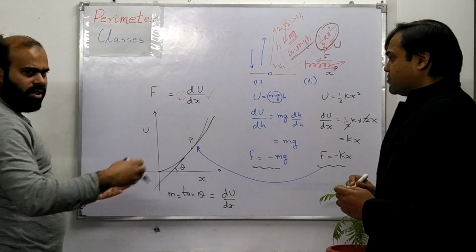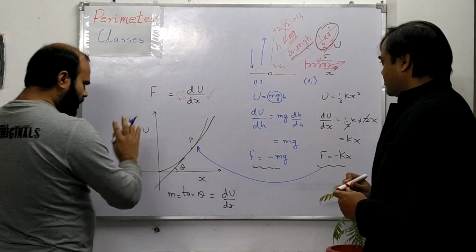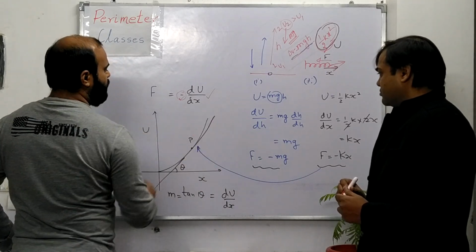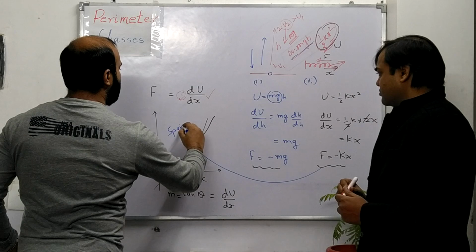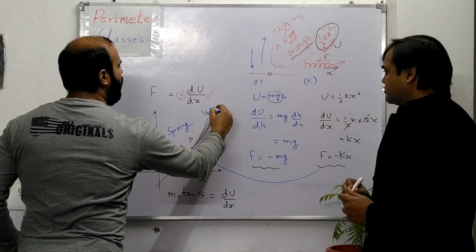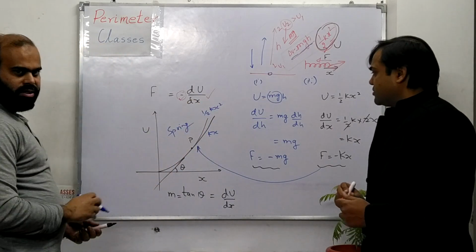We will see this in coordinate geometry more elaborately, but for some understanding of the concept, this is a situation of a spring, where potential energy may be half kx square and the tangent is actually kx, that is the slope.